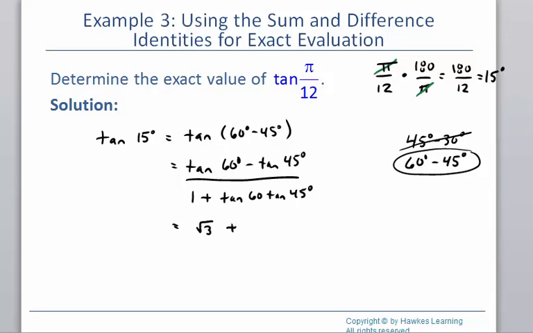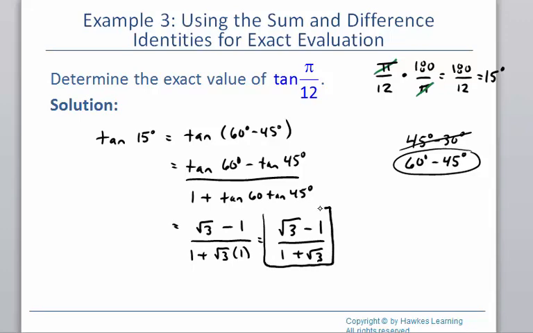Tangent 45, you can check back and see that that is equal to 1. So we're going to have minus 1. On the bottom, we're going to have 1 plus, and we have tangent 60 again, so square root of 3 times tangent 45, so times 1. And so our final answer will be square root of 3 minus 1 over 1 plus the square root of 3.